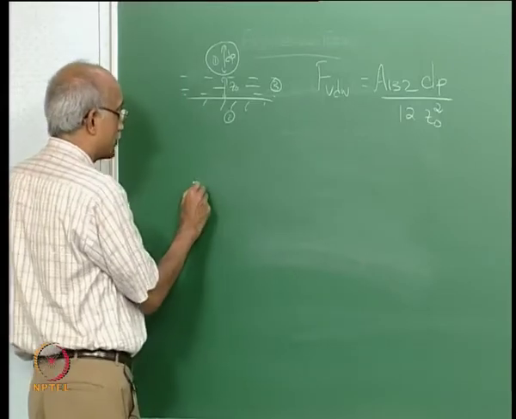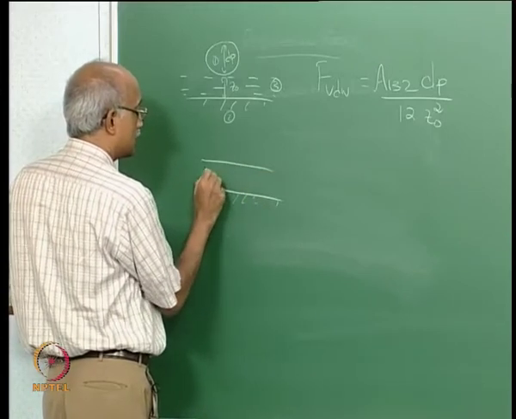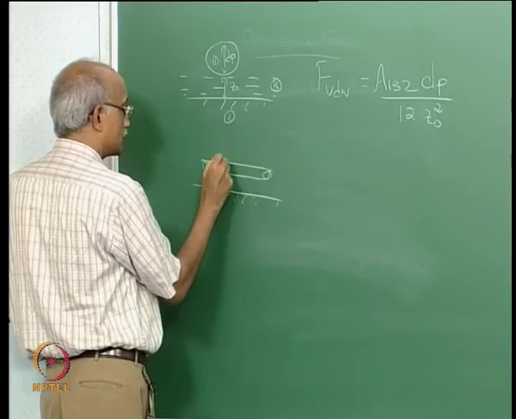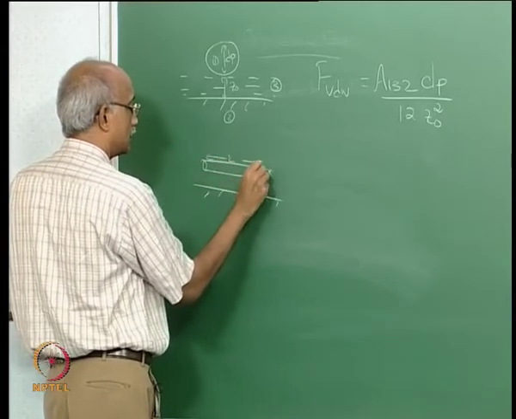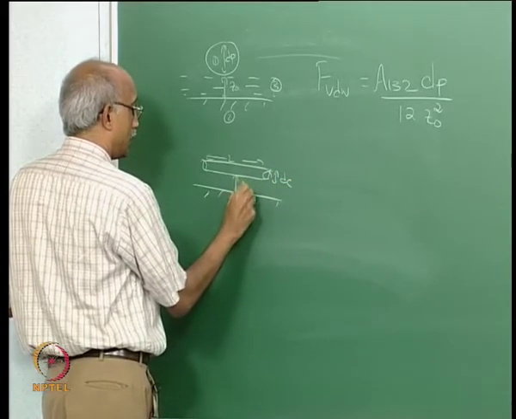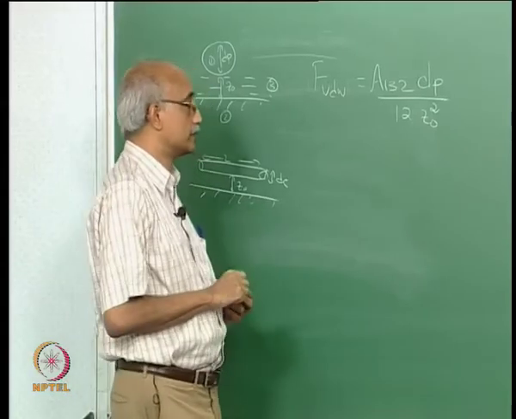Let's look at a case where, again, you have a planar surface, but now you have a cylindrical particle of some length L and diameter dc, and let's say that this again is the distance of separation between them.